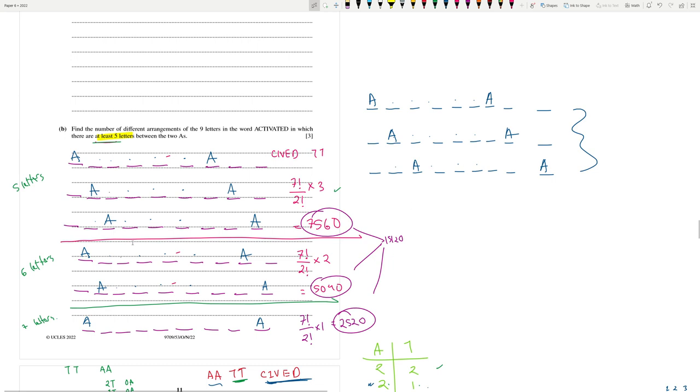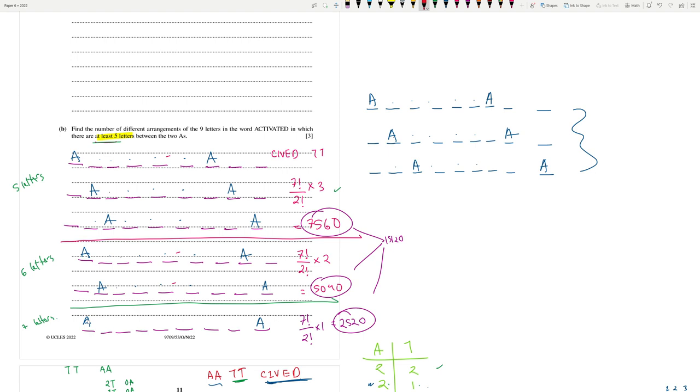You could have 6 letters in between. Like check this. First blank, 6 gaps, then an A, or it could be on the second one and the 9th blank. And then you could also have 7 letters in between them where the A's are on the first and last blank. So after you input the A's, what else do you have? You have 7 letters, out of which you have 2 T's that are repeats.